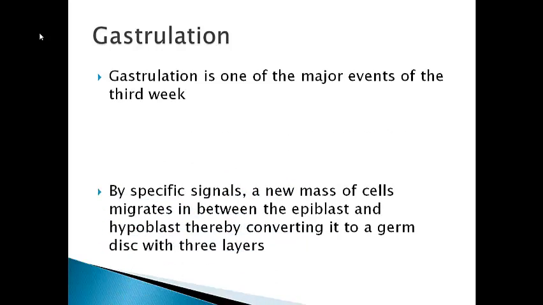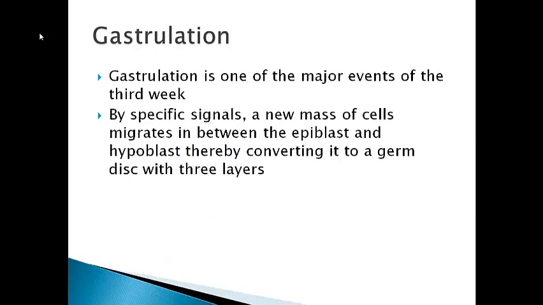So, the main event or major change that happens during the third week of development is a process called gastrulation. Gastrulation is a process that happens under the influence of specific signals, and just to keep in mind that generally most of the changes that happen during development, whether it's the appearance of a new layer or whether something condenses to become something else, this is usually influenced by signals coming from another place or another structure.